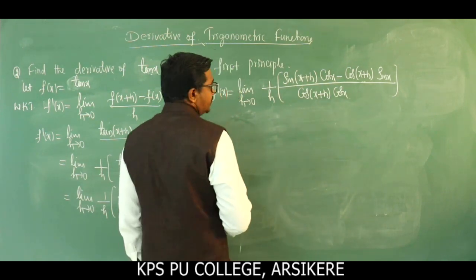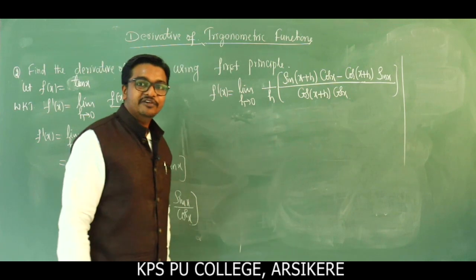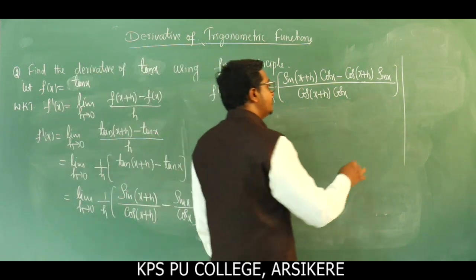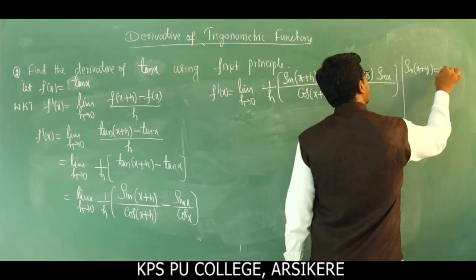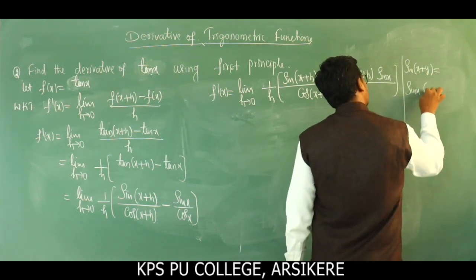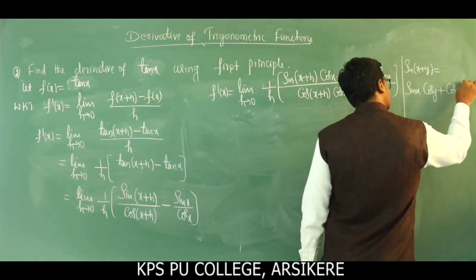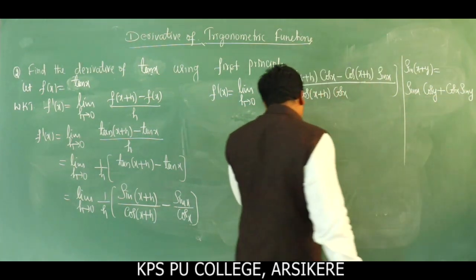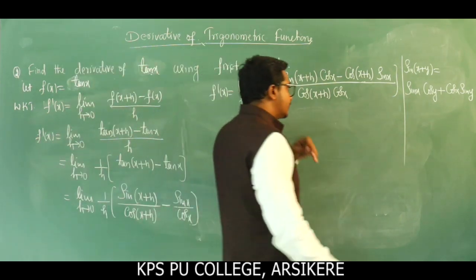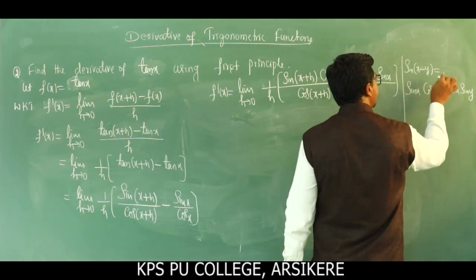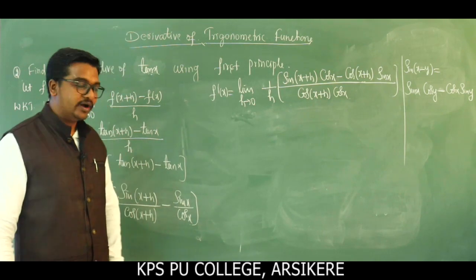Okay. Next step, just remember the formula of sin of x plus y. What do we have for sin of x plus y? The expansion is sin x cos y plus cos x sin y. If I replace y with minus y, that reduces to sin of x minus y is equal to sin x cos y minus cos x sin y.